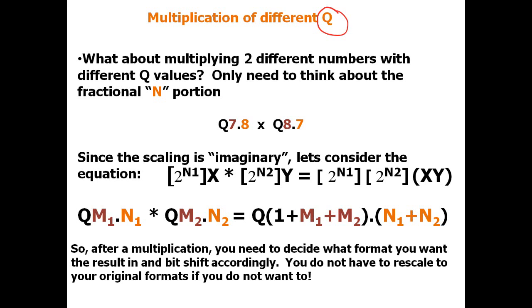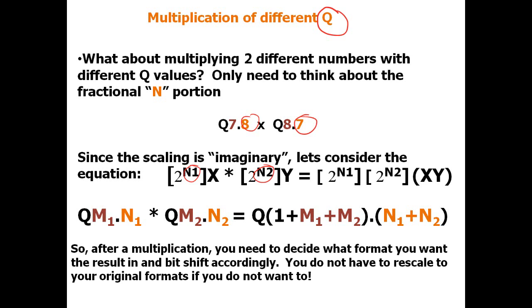Now, I've written it a little bit different. Instead of like numbers in front of here, if we have n values, like the fractional values, I have an n1 and an n2. Well, to get the scale factor is really 2 to the n, because we're using binary scaling. So if we have 8 bits here, the scale factor is 2 to the 8, which is 256.